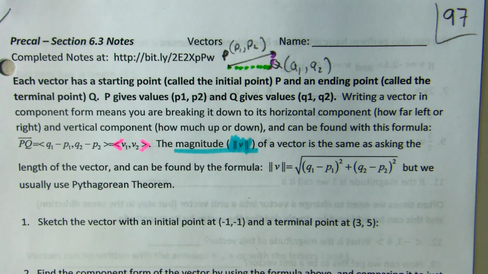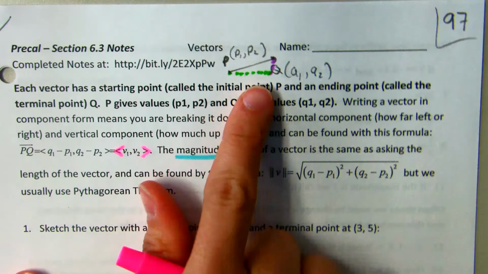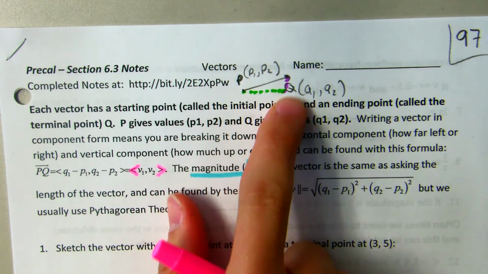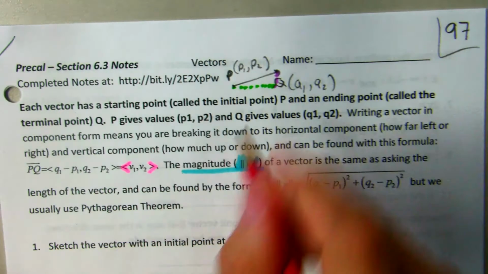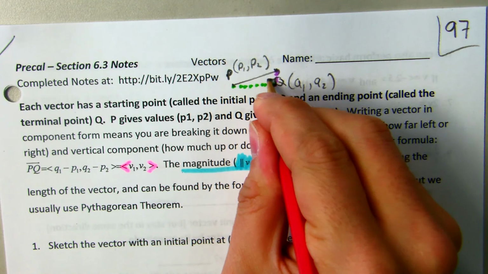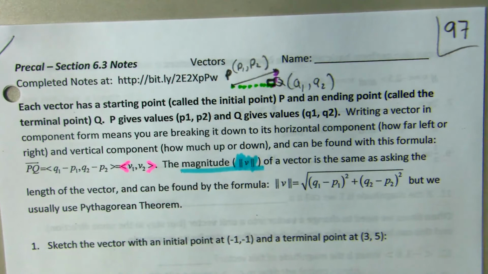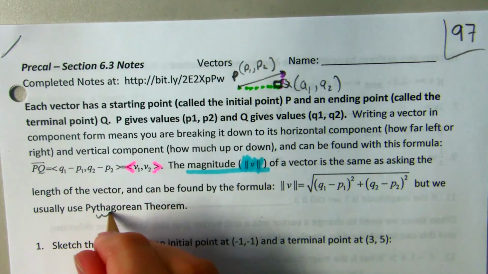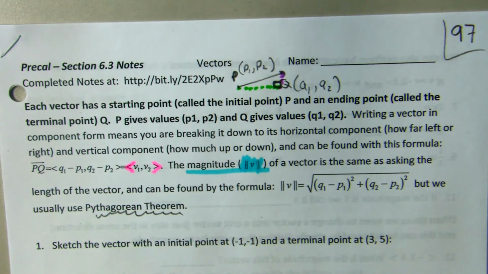So that's one way that we could do that. But notice my picture here, horizontal component and vertical component are always going to be perpendicular. So you're also going to have a right triangle, and you can instead do the Pythagorean theorem if you want to.